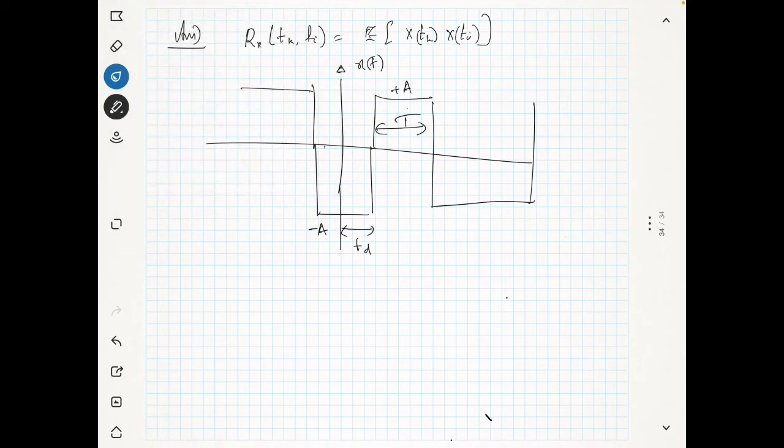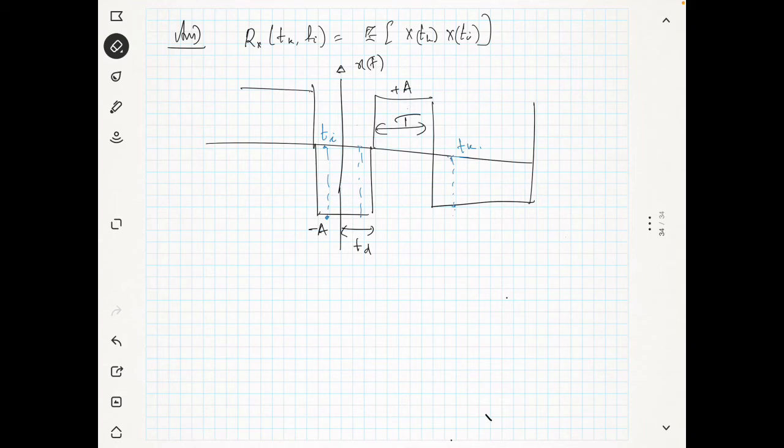Suppose you are considering the time ti, let's say this is the time and this is the amplitude, and this is tk. If both are in the same pulse, there is no issue. But if tk is here in the second or third pulse, not in the same pulse, then is there any correlation or not?